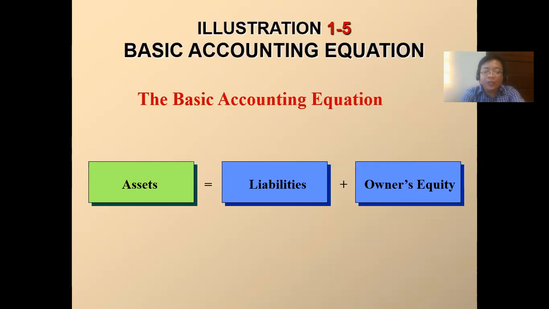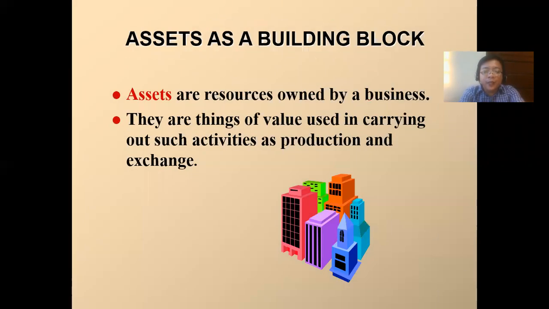Assets equals your liabilities plus your owner's equity. When you say assets, it is very important that these are the resources owned by the business. They are the things of value used in carrying out the activities such as production and exchange.